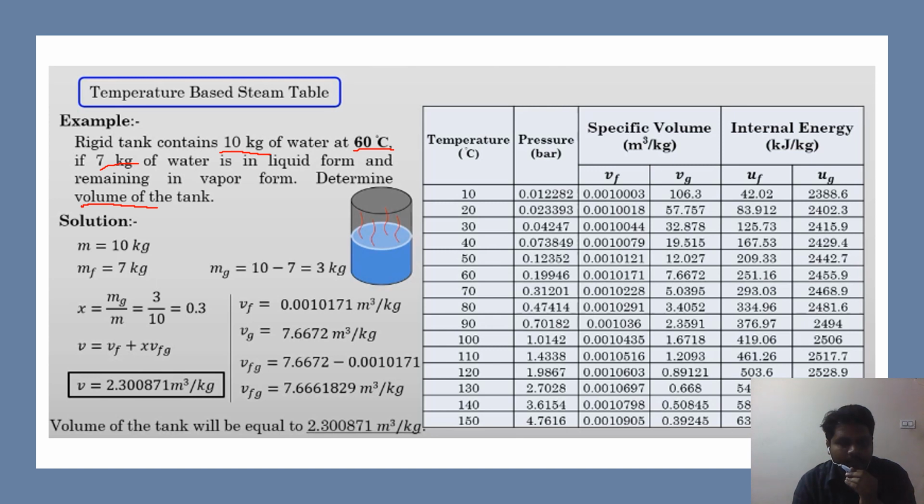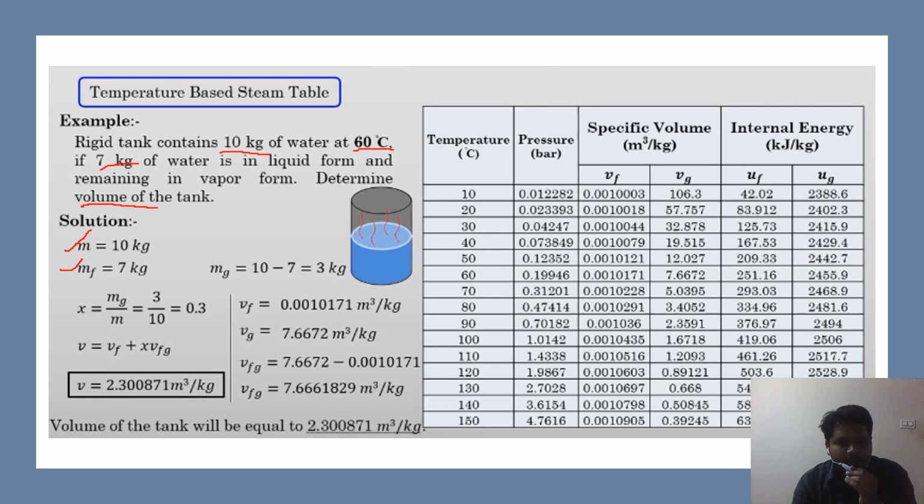Okay. So if you look at the solution, total mass m equals 10 kg, which is already given in the problem, and also mf, the mass of fluid, is 7 kg, which is also given in the problem.